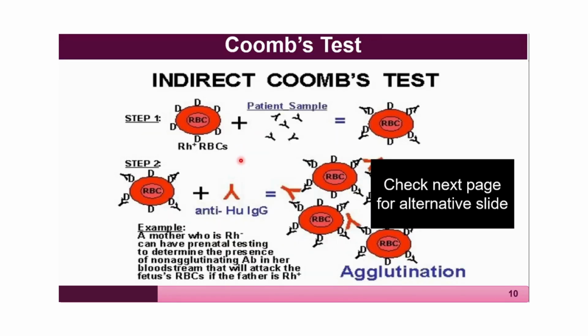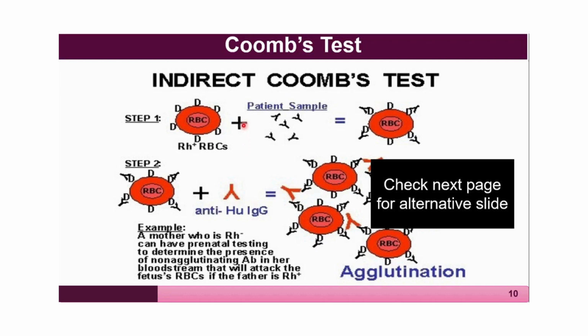Now, the indirect test is a different type of test where you need Rh positive blood corpuscles from any individual, any human being. You take the Rh positive RBC and wash them thoroughly in normal human saline. After washing them thoroughly, suspend them in a small quantity of normal human saline.